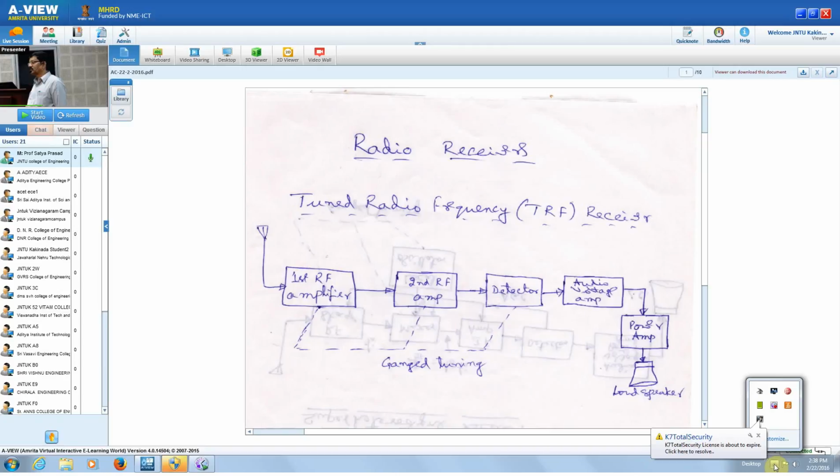So this is the schematic idea of the receiver and the disadvantages that we are going to have with the other receiver. The main advantage is simplicity in design.